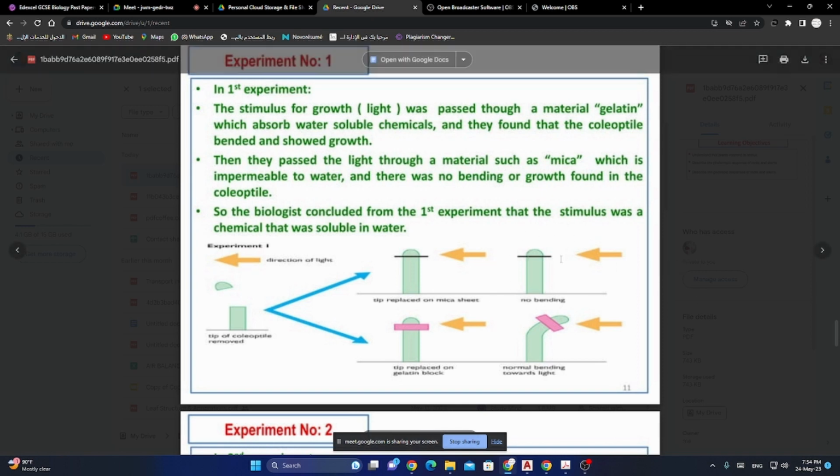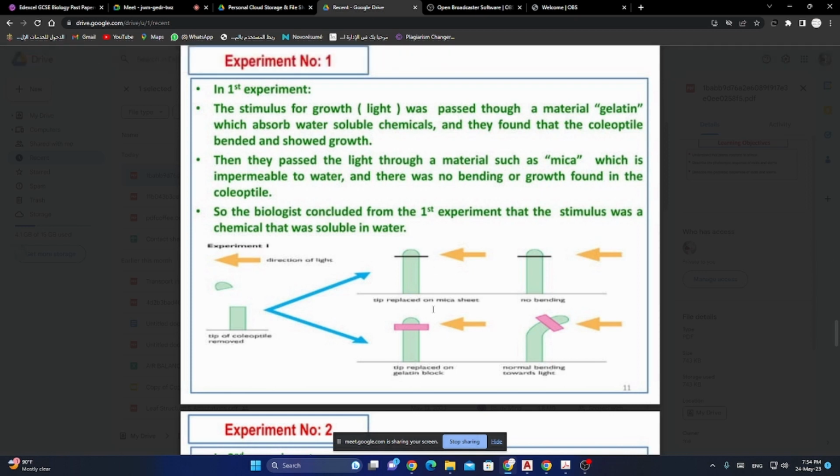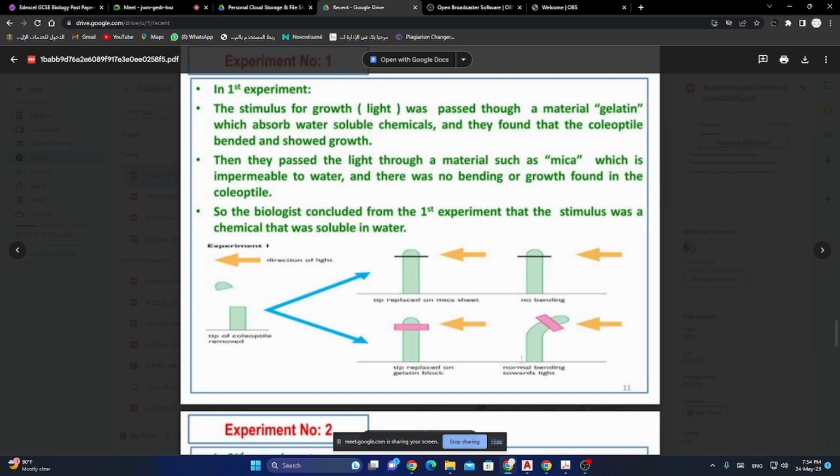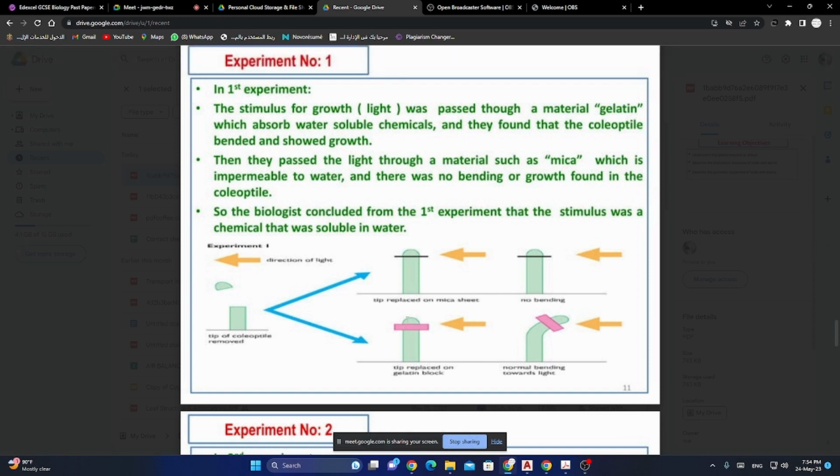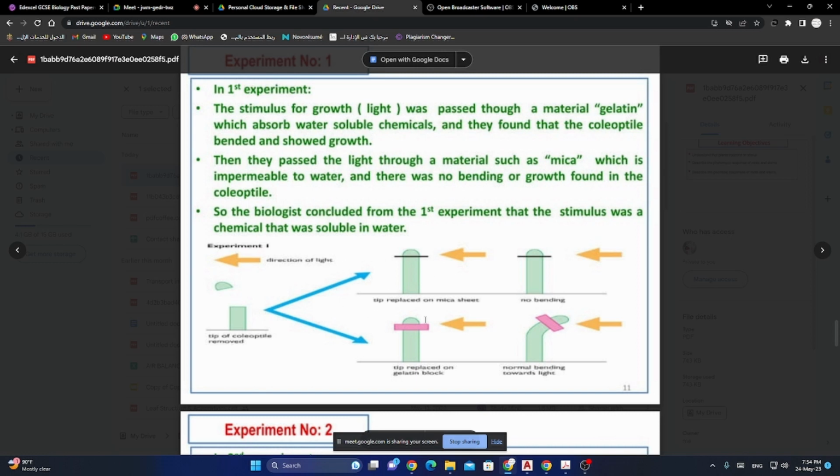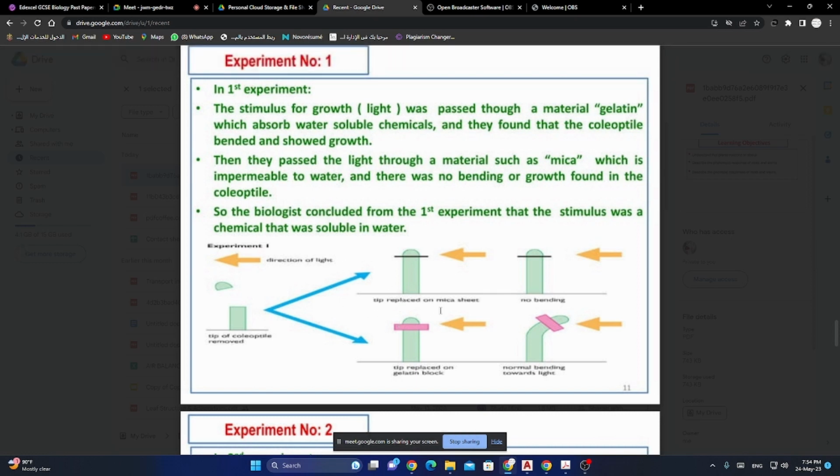But then if you replace that mica sheet with a gelatin block, there is going to be a response because the gelatin block can allow stuff to diffuse through it. So through this experiment, you now understand that there is something happening that has to do with the tip of the shoot, right?